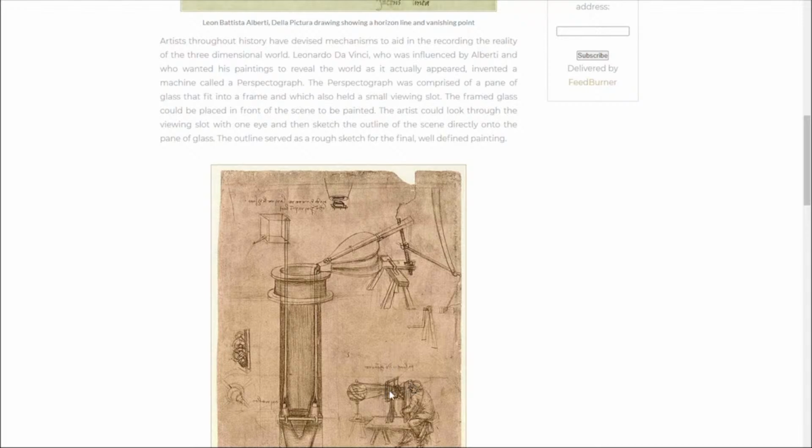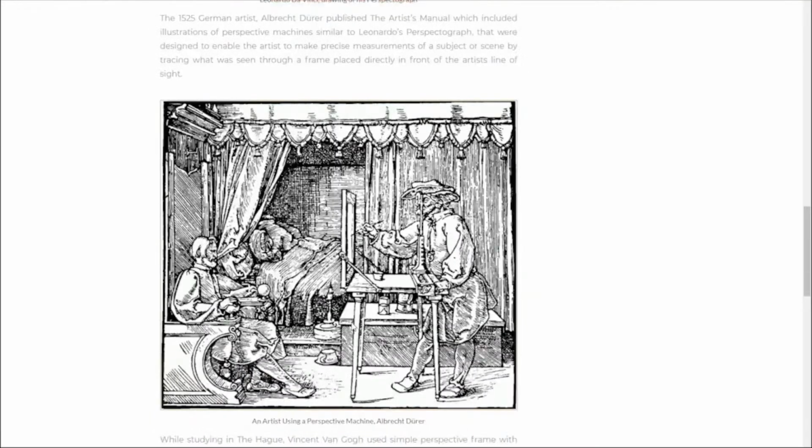This is the way they started to understand perspective in a better way. And other artists also tried to make something similar. You can see it's with one eye like a camera, and they're looking at that point and copying the lines.